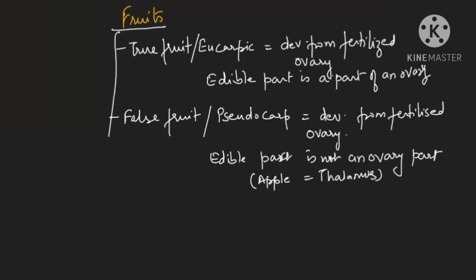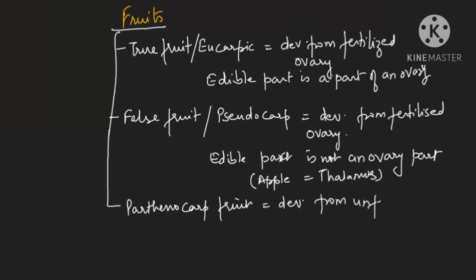Is it clear? The next is the parthenocarpic fruit. Parthenocarpic fruits are those fruits which develop without fertilization, from an unfertilized ovary. So these are the basic differences between the types of fruit: true fruit, false fruit, and parthenocarpic.